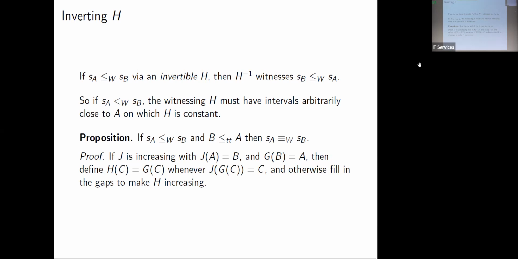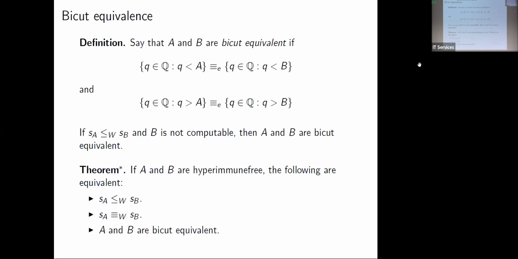So there's some situations where when you have a Weihrauch reducibility in one direction, if you have even a TT reducibility in the other direction, then you get a Weihrauch equivalence.